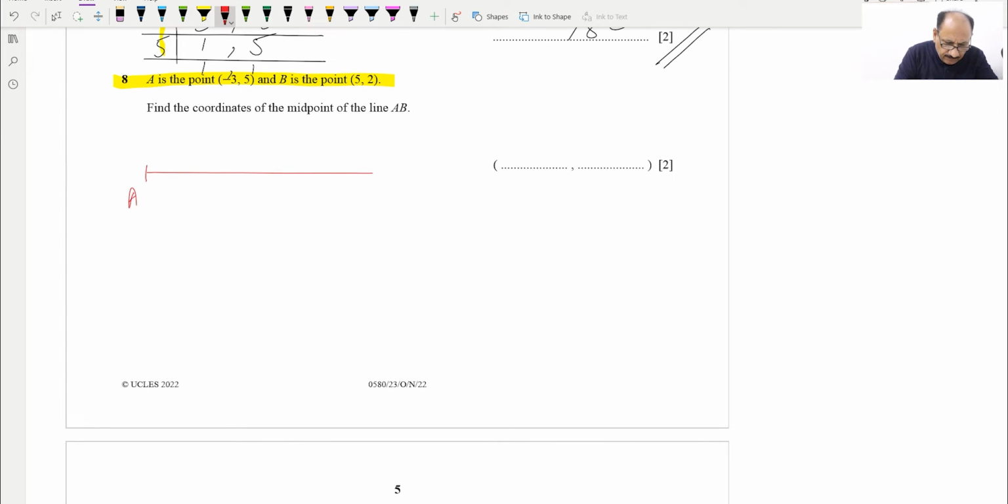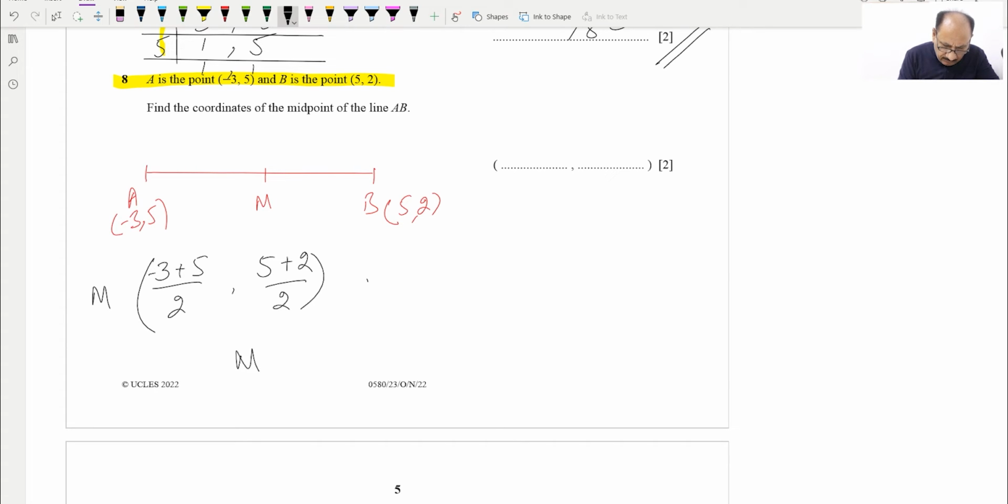This is A and this is B and this is M, and the coordinates of A are provided, which is minus 3 and 5, and B is also provided, 5 and 2, and we need the coordinates of M. What we will do is add the x coordinates and divide by 2, and add the y coordinates and divide by 2, and this will be our answer.